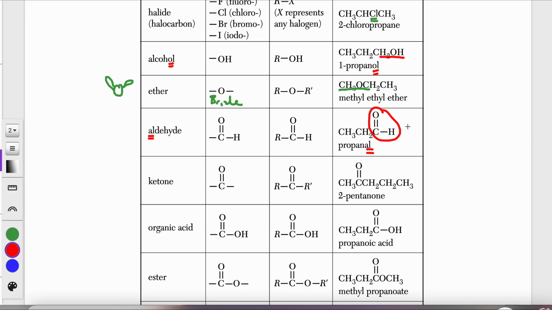What you are going to see in a fully condensed one is CHO. So to the right terminal, if you see CHO, you've got an aldehyde. And so this functional group is terminal. And terminal ends in AL.